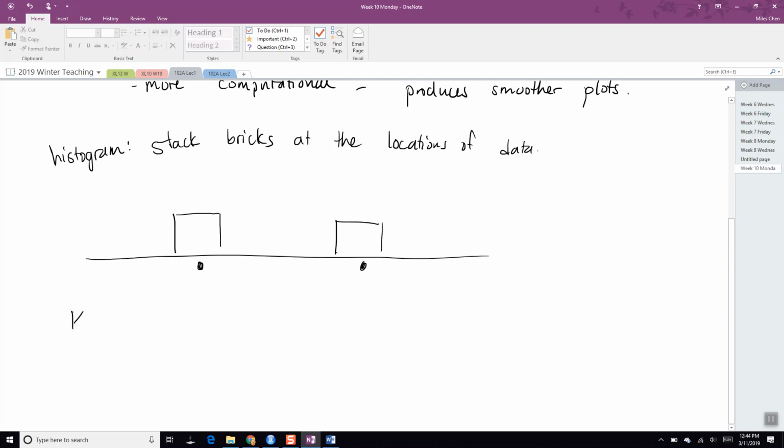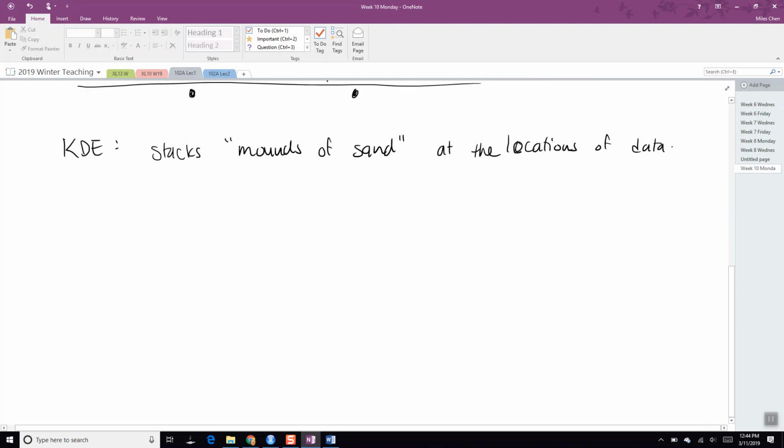What kernel density estimation does is it stacks, I don't know, mounds of sand on top of each other. Okay, at the locations of data, okay? And you have options for the shape of the mound of sand.